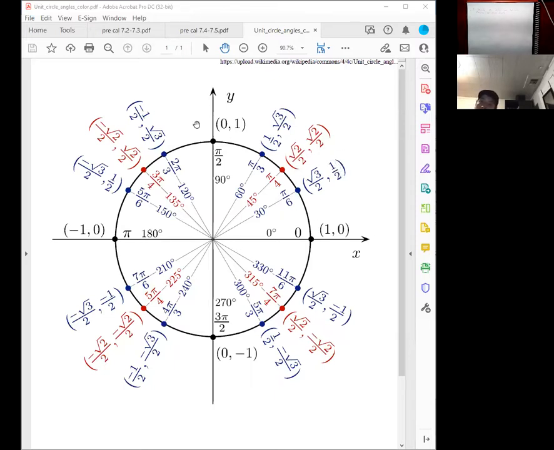So all around the circle, sine is y, cosine is x. Tangent is sine over cosine, so you would divide the y by the x if you did tangent of 60. Is there any question on how to read the circle? What is the x and what is the y? Is that clear?